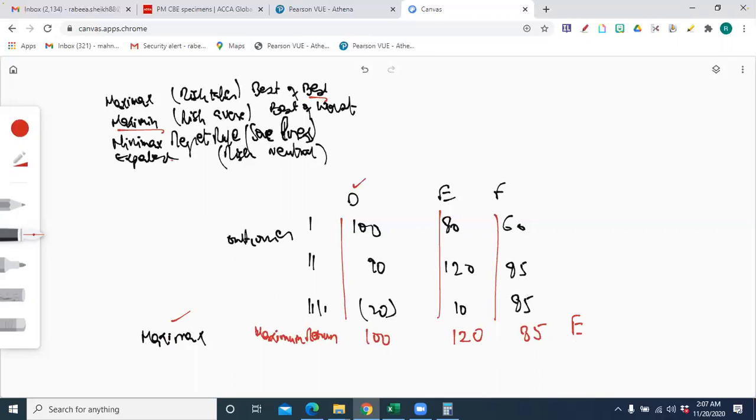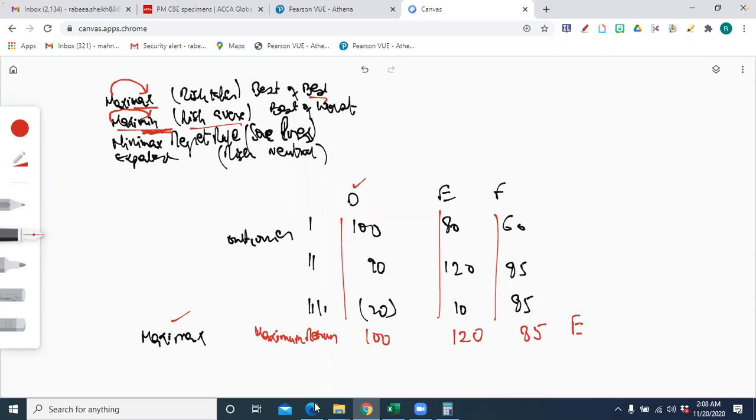Now done with Maximax. Now we're going to apply the Maximin. He's kind of a risk averse person. What are you going to calculate? It's so easy to understand from the words. Here, first you calculate the maximum return and choose the maximum out of the maximum returns. And here what you're going to do, first of all, you're going to check the worst case scenarios and take the best of the worst.